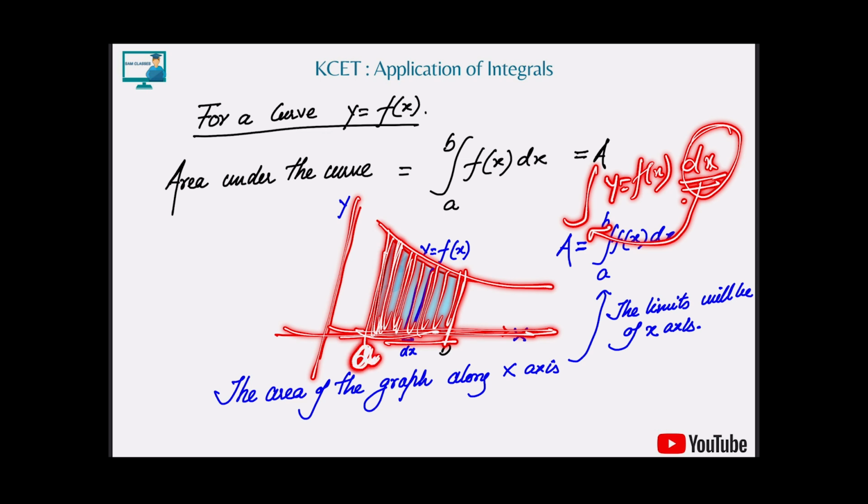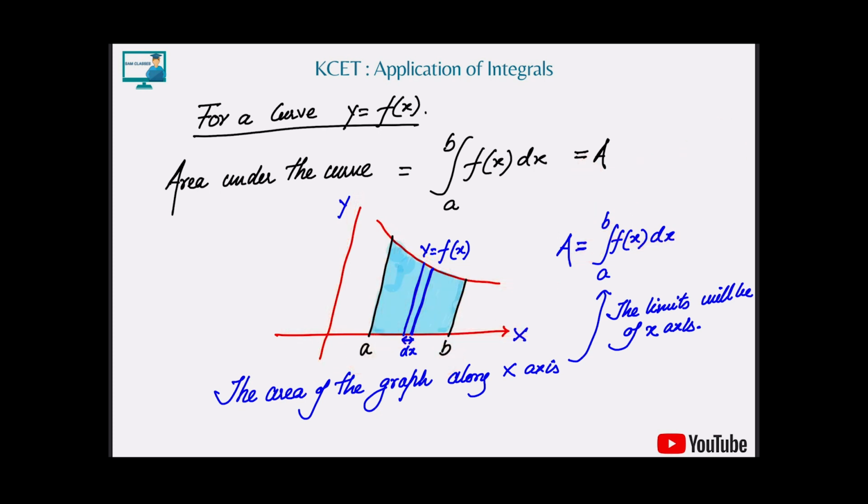So from where I'm starting, from point A on the x-axis to which point? B. So A to B, that's it. So area is equal to integration from A to B of f(x) dx, and that means the limits will be of the x-axis, and we are finding the area of the graph along the x-axis. Clear? Now there is also area of the graph along the y-axis.